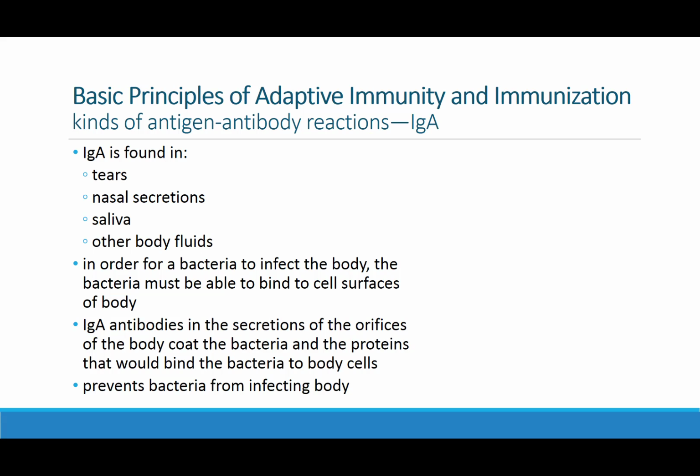In order for bacteria to infect the body, the bacteria has to be able to bind to the surfaces of the cells of the body. The way IgA antibodies protect is that they coat the bacteria and cover up the proteins that would have been used to bind that bacterium to the body cells. In this way, that prevents the bacteria from being able to bind and infect.